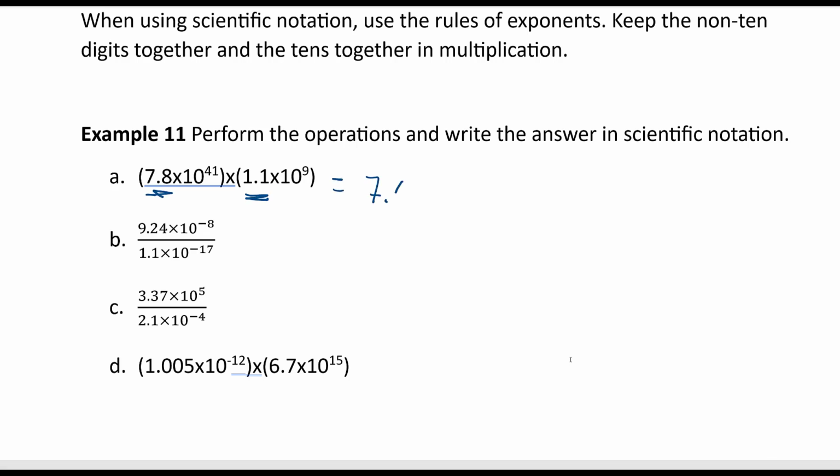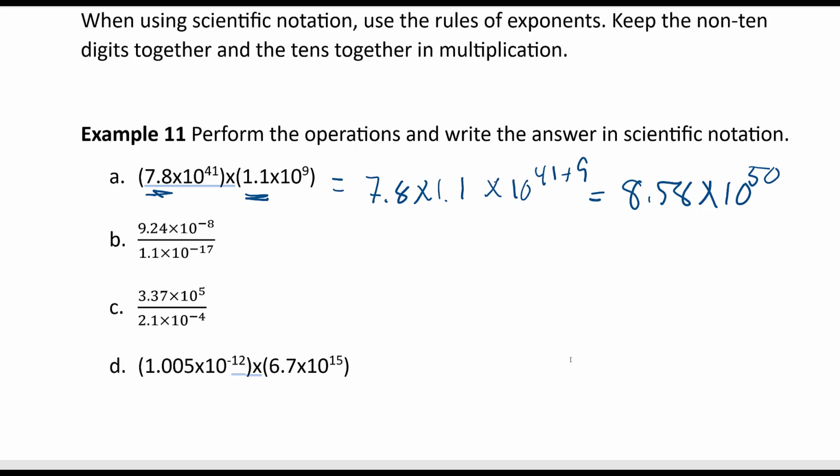So we have 7.8 times 1.1 times 10 to the 41 plus 9. So 7.8 times 1.1 is 8.58 times 10 to the 41 plus 9 is 50.